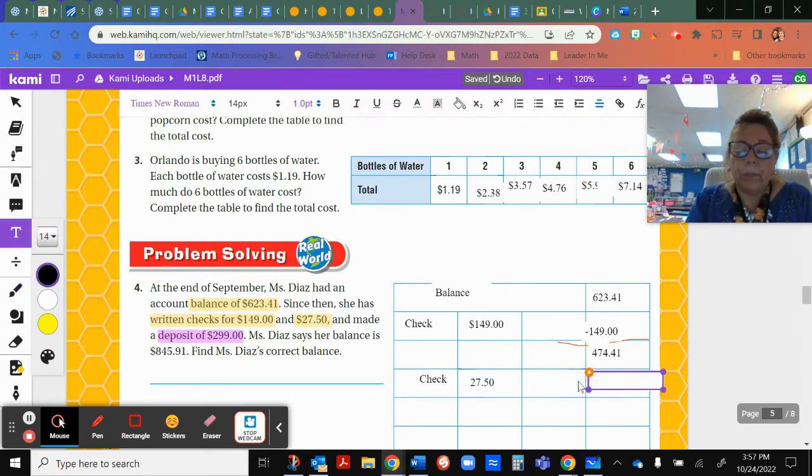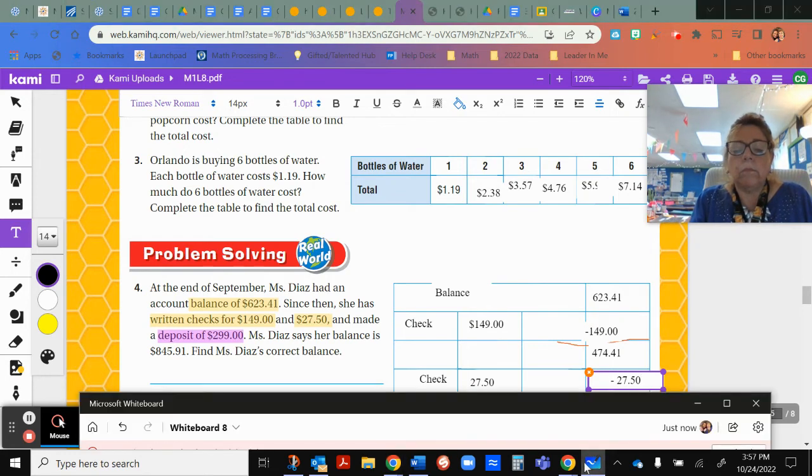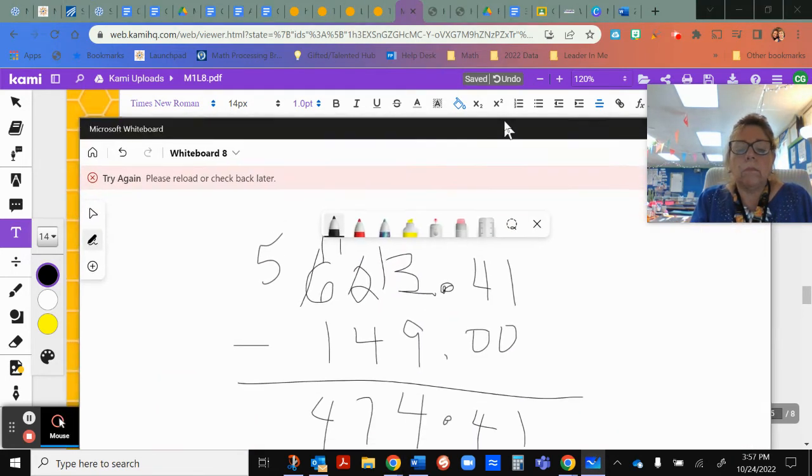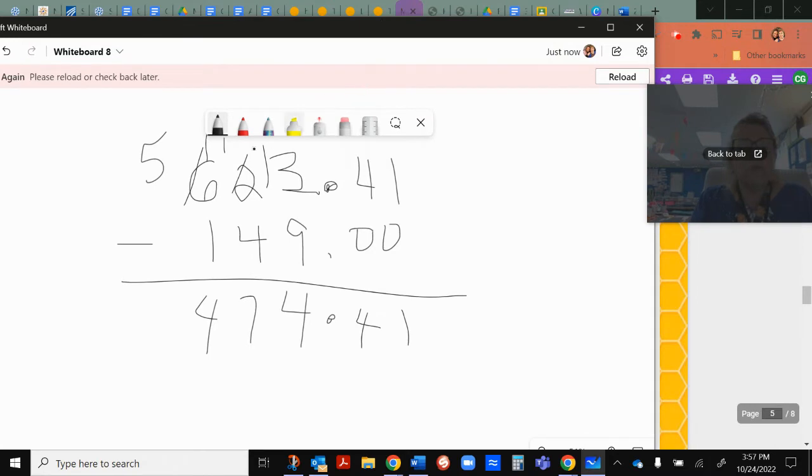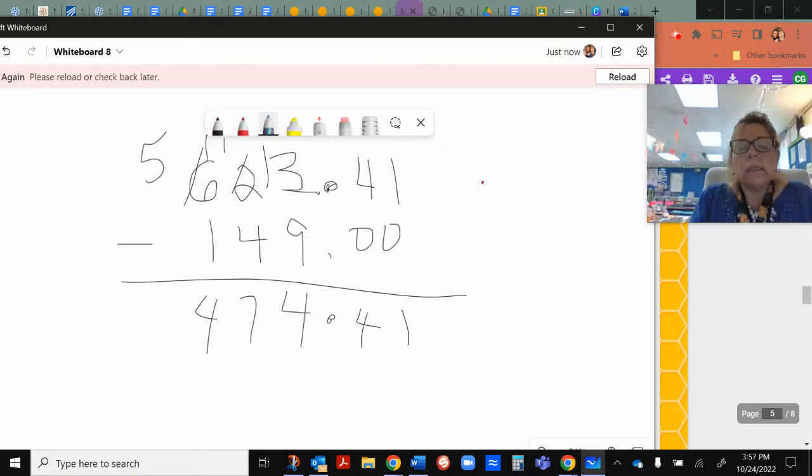So I'm going to put minus $27.50. And let's come over to our board. So I'm going to take that $474.41 and I'm going to subtract out, what was it? $27.50.